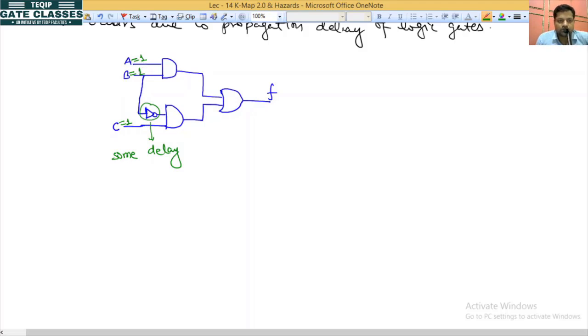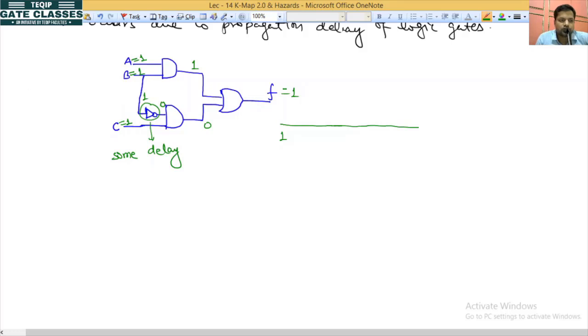So whenever these two are 1, the output will be 1. If 1 is there, the output will be 0 here, so it will give you 0, and the output is 1. Ideally we think that the output is always 1 for this combination.